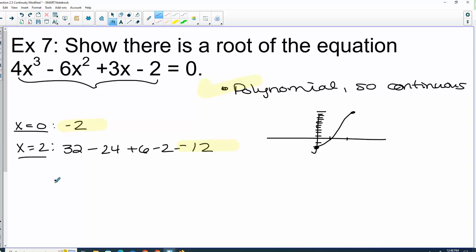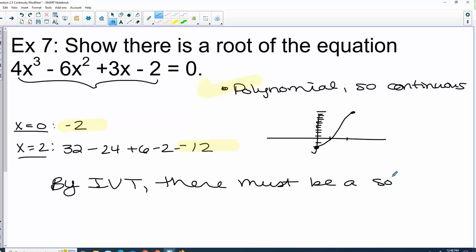And then you just say, by the intermediate value theorem, there must be a solution or a 0 or a root between 0 and 2. There is some x value between 0 and 2 that would make this thing equal 0. And I know that because it's continuous and the sign changes.